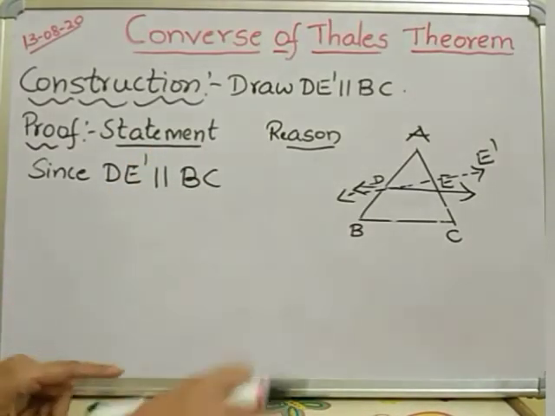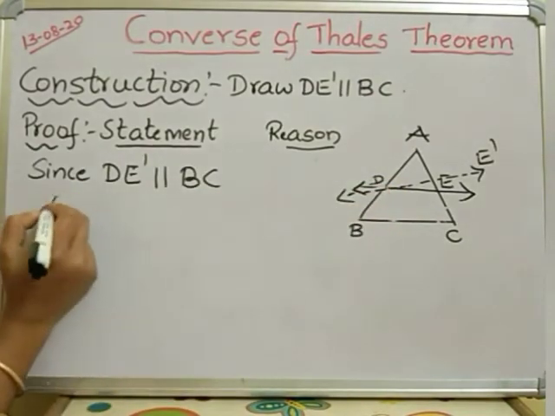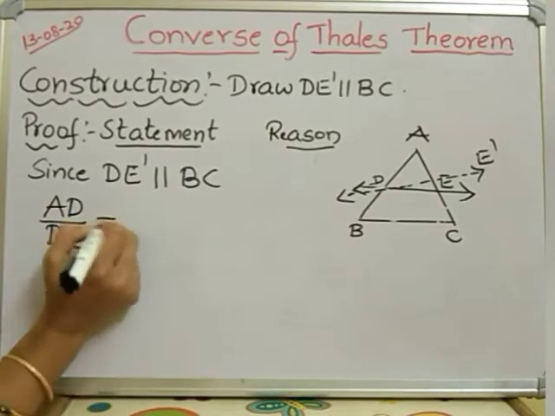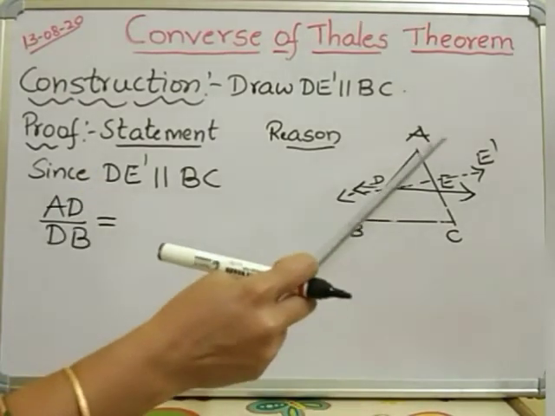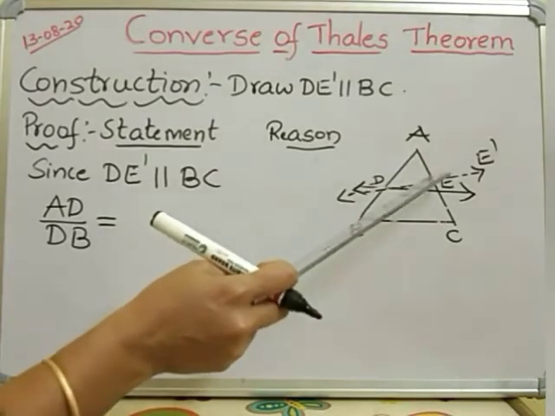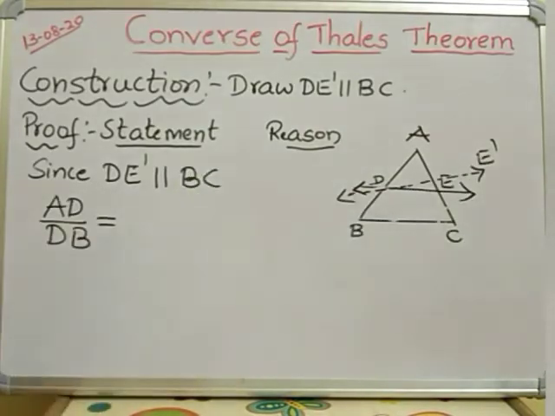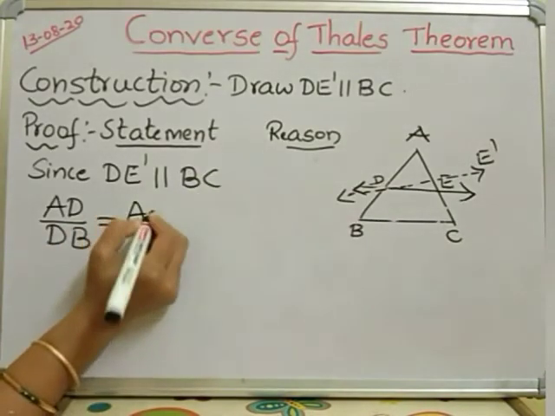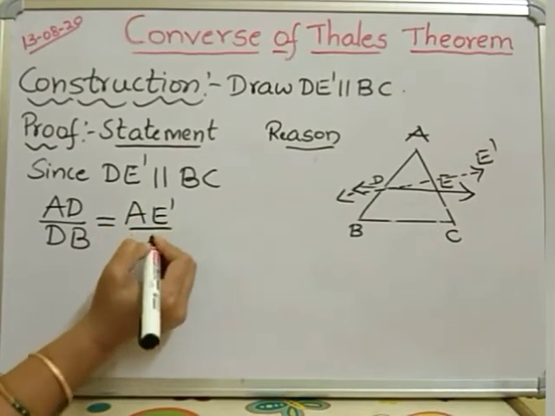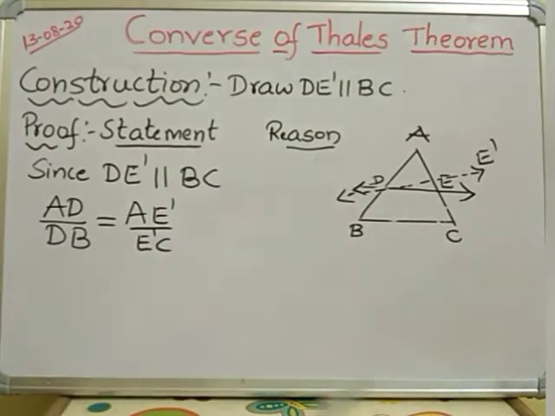Now here we can apply Thales theorem. So what does the Thales theorem say? AD by DB is equal to AE dash by E dash C. Now how is it possible?